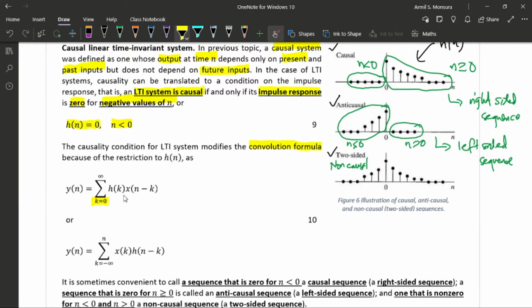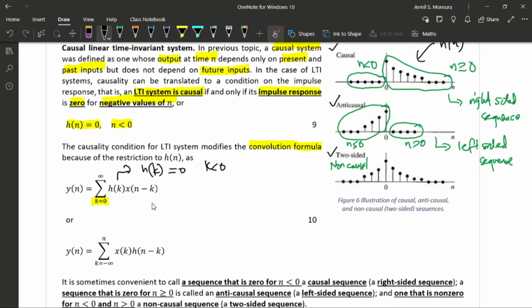If your h[k] is 0 for negative values of k, then obviously the contributions of the product sequence for negative values of k is 0. So that is why we can start our summation, or we can start forming our product sequence, when k is equal to 0 up to infinity.